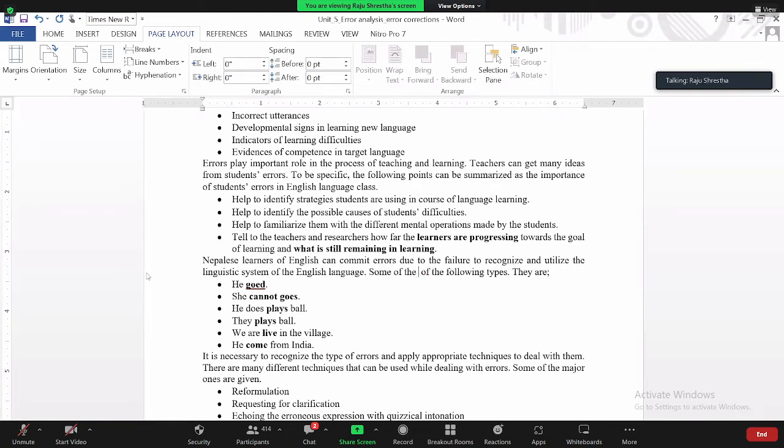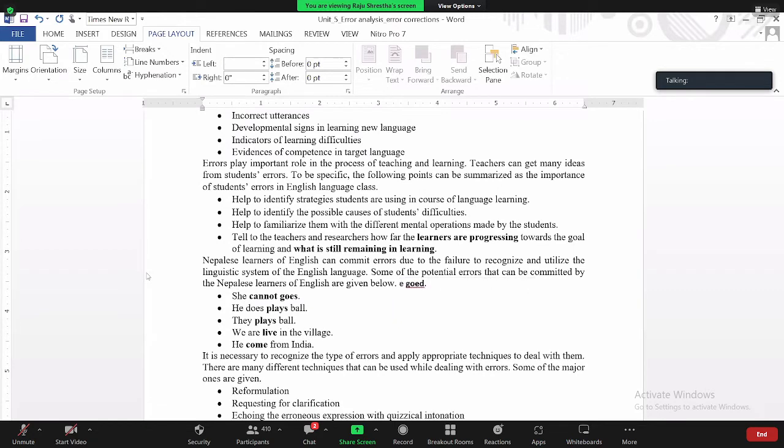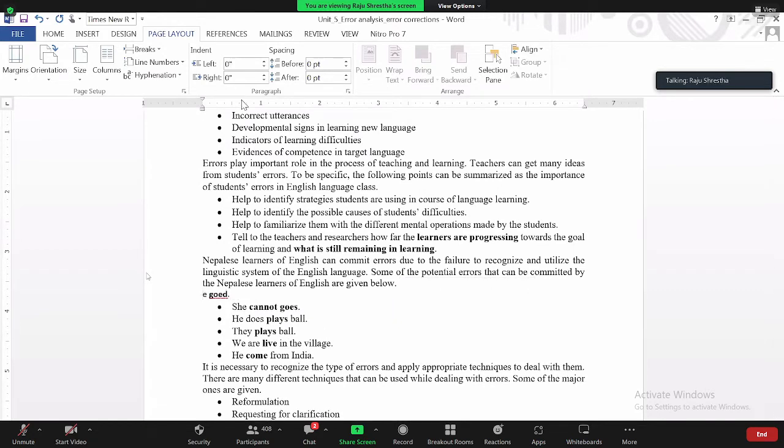Some of the potential errors that can be produced, that can be committed by the Nepalese learners of English are given below. Example by the learners given below.